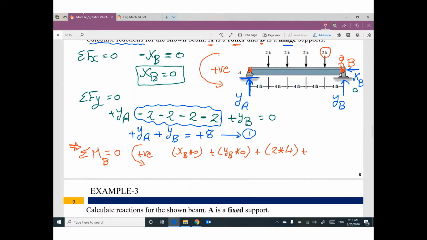We have this 2 times 8. We have this 2 times 12. We have this 2 times 16. We have this reaction, negative YA times 20, equals 0.